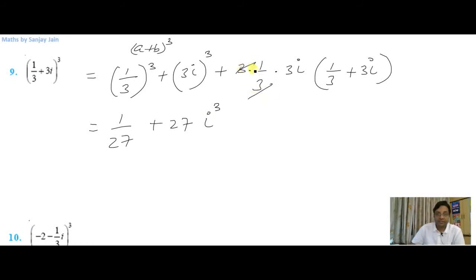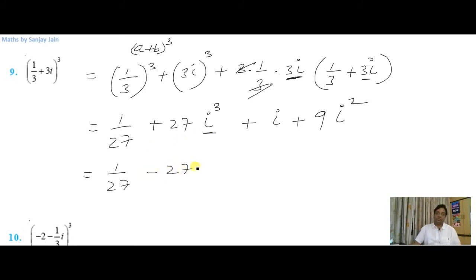This 3 will get cancelled here, and then this will be plus 3 iota into 3, that is iota, and then this 3 iota into this 3 iota will give you 9 iota squared, right? It is 1 by 27. If you notice, iota cubed is minus iota, so it will be minus 27 iota here, and then plus 1 iota.